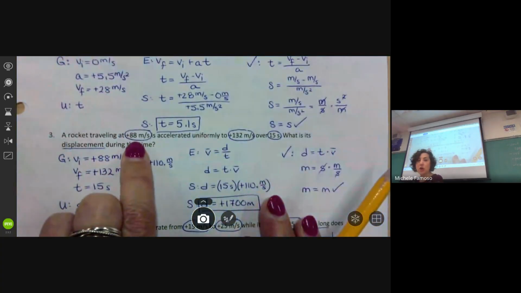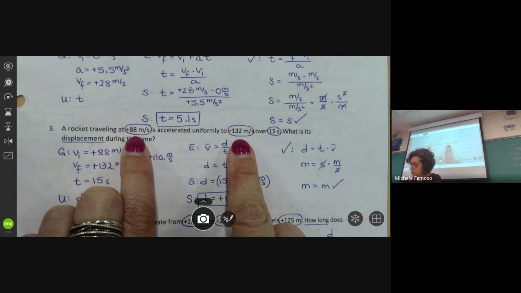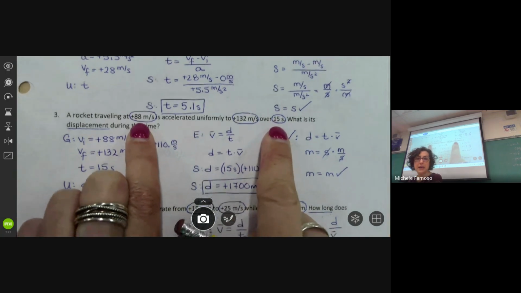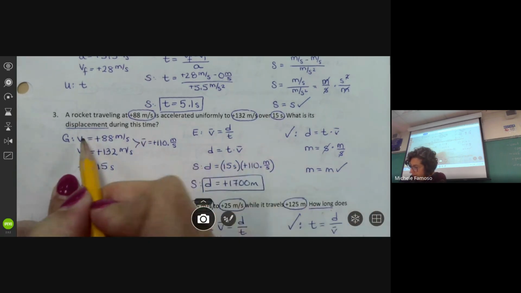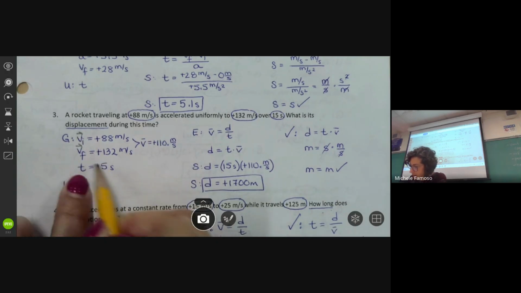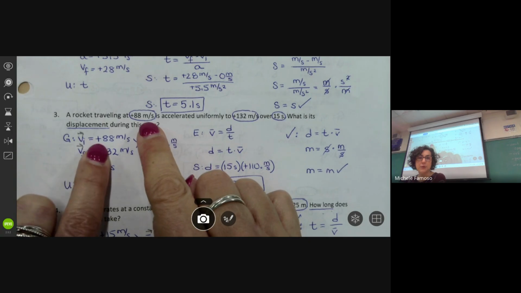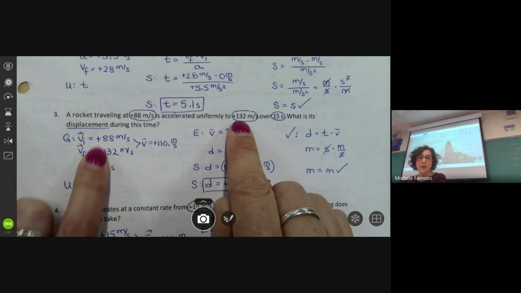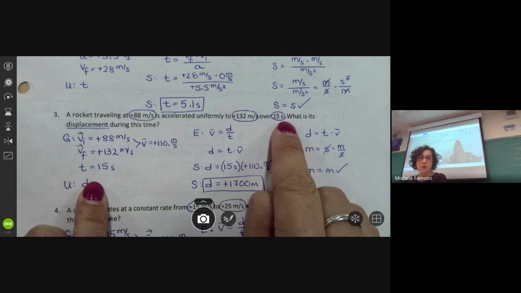All right, you should have circled positive 88 meters per second, positive 132 meters per second, and 15 seconds. You should have underlined the word displacement. So I'm giving you the VI, the VF, and the T. This is our initial velocity, positive 88 meters per second. This is the ending velocity, positive 132 meters per second, and I'm giving you the time.